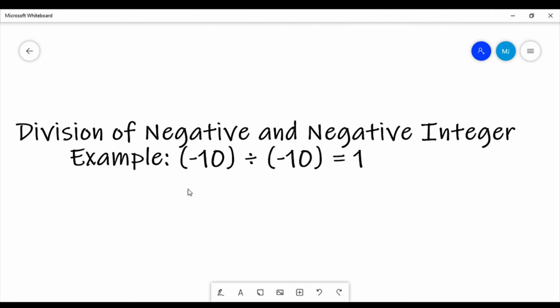For instance, negative 10 divided by negative 10 is equal to positive 1.